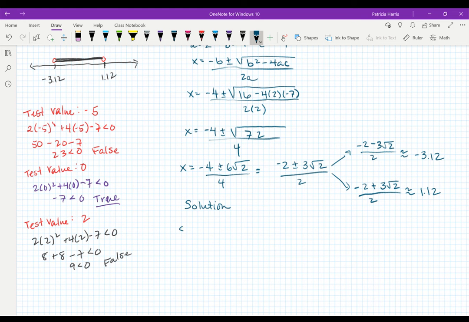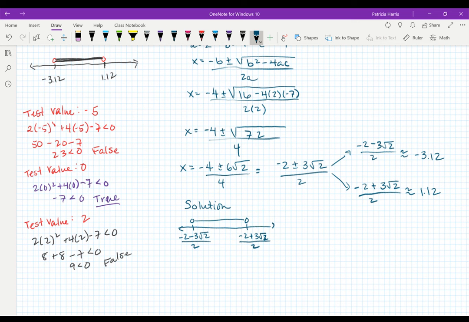So I can graph it. And this is going to look a little messy, but it's still an appropriate solution. So it looks like this.